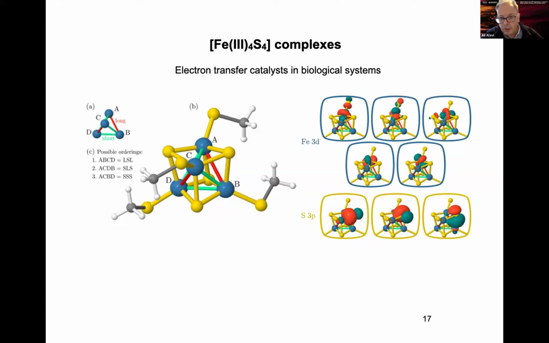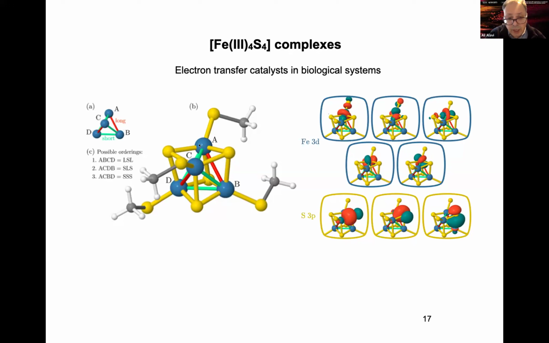So here, these are the 3D orbitals shown on one of the ions. So there's going to be 4 sets of these, as well as the 3p orbitals on the sulfur ligands. That will then enable us to generate, let's say, minimal active spaces to describe these iron sulfur complexes.